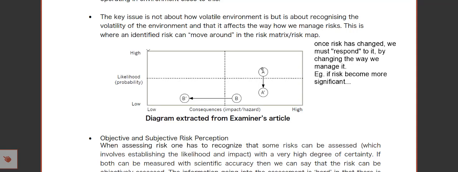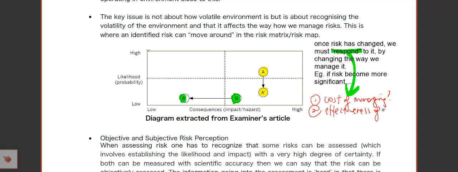Now, this diagram is basically telling us how risk may be here, come to here, or how risk could be here, come to here. So we respond in the way we manage the risk so that, one, the cost of managing risk must be well maintained, and two, we also look at the effectiveness of your risk management.